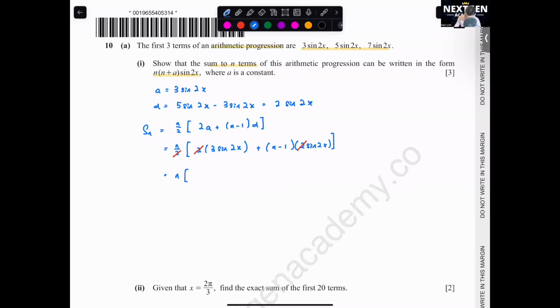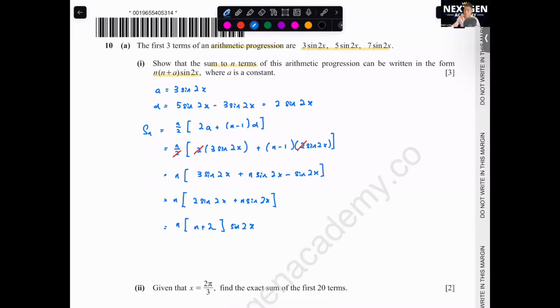Then n, 3 sine 2x plus n sine 2x minus 2 sine 2x. We get 2 sine 2x plus n sine 2x. And finally, I factorize the sine 2x out. We get n plus 2, sine 2x, in the form that they want.